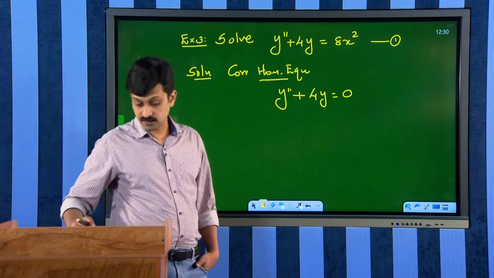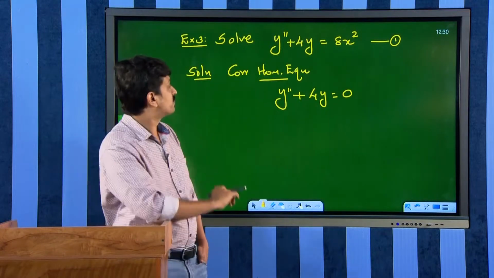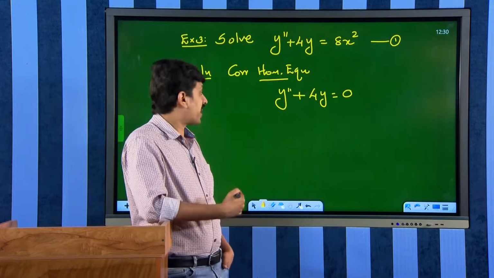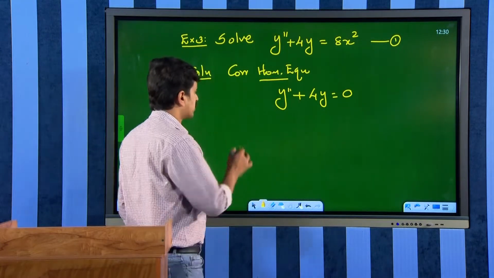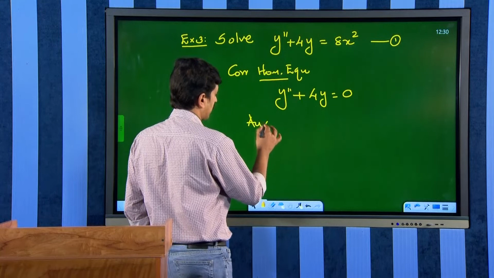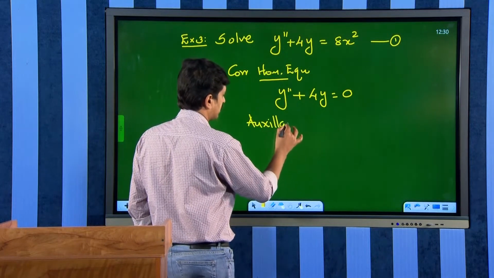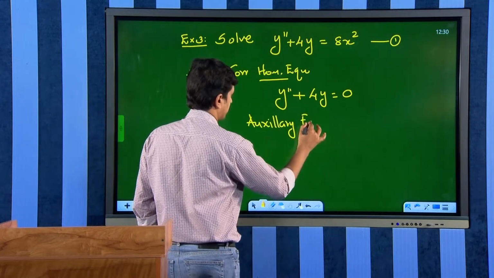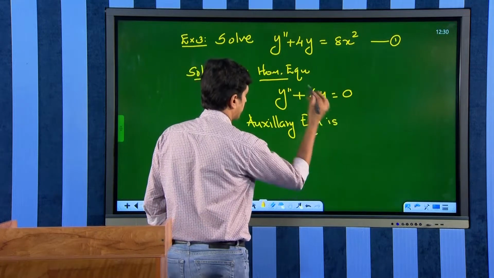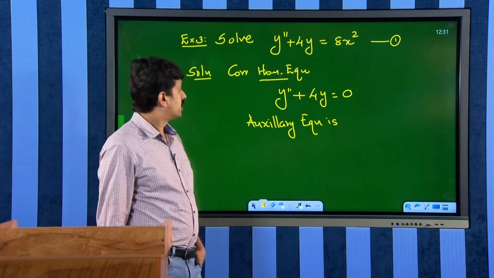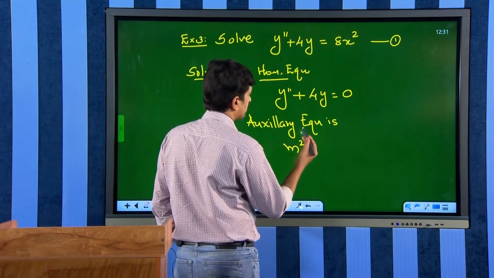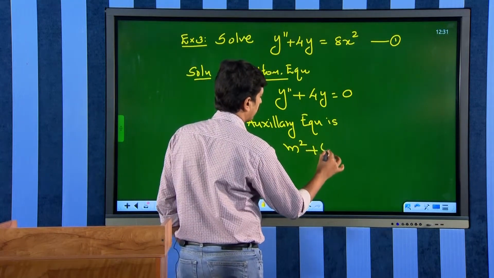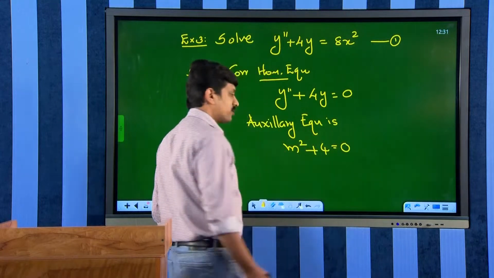Dear students, we can write the corresponding auxiliary equation, that is m square plus 4 equal to 0.